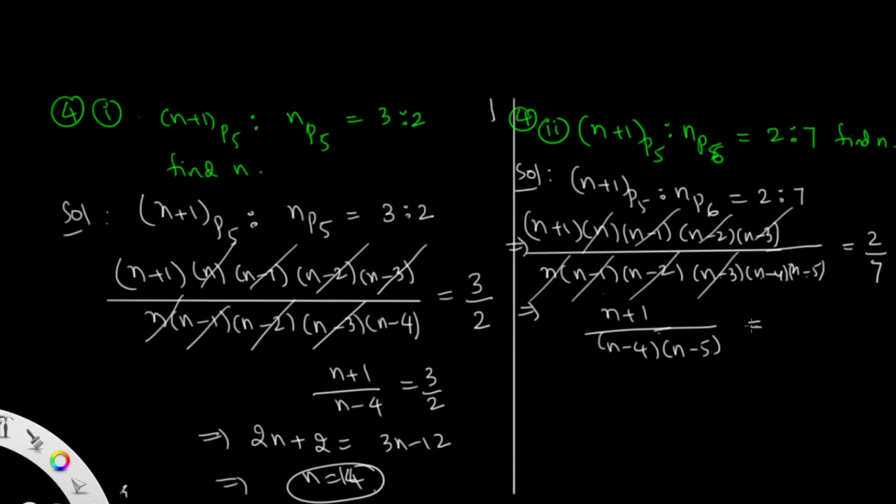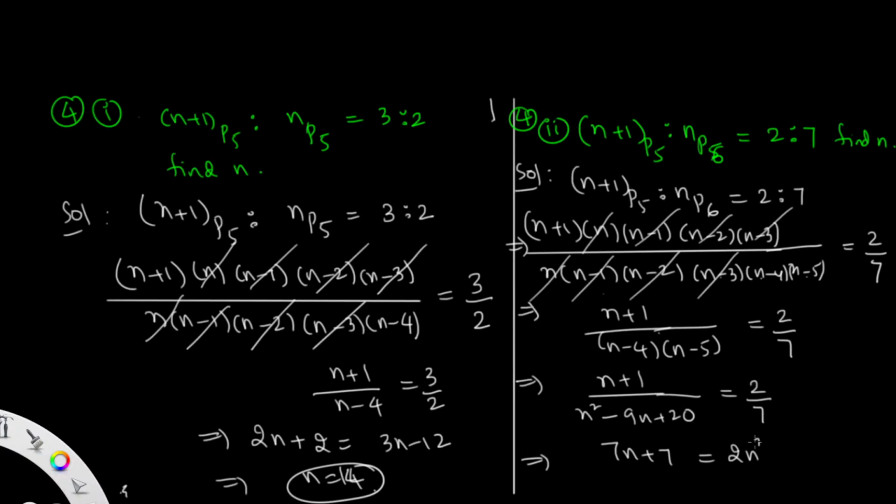So this is equal to 2 by 7. That is n plus 1 by n square minus 9n plus 20 equal to 2 by 7. So that is 7n plus 7 equal to 2n square minus 18n plus 40.